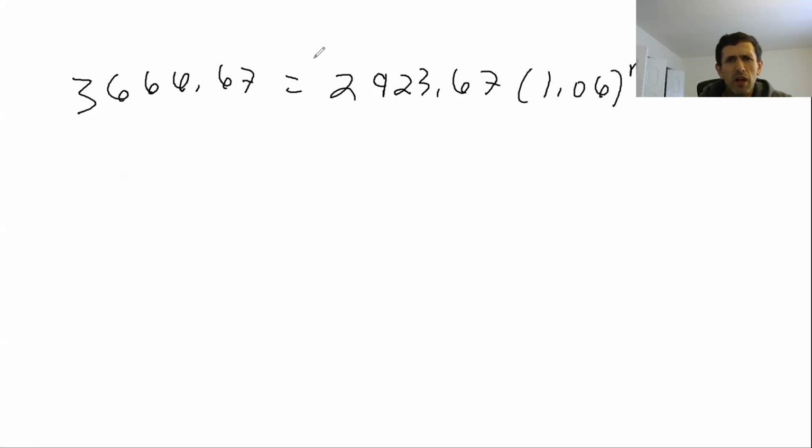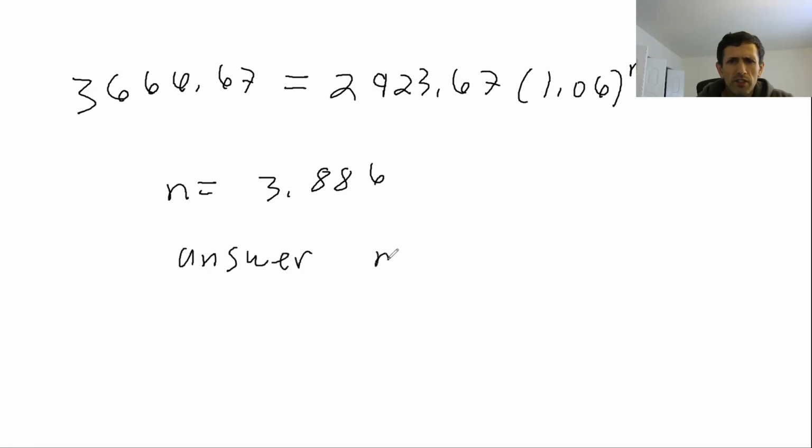I do like this problem because you absolutely have to know what's going on. There's just no way to plug and chug. Divide by 2923.67, take ln of both sides, divide by ln of 1.06, and you get 3.886. Rounding up to the nearest integer, n equals 4.